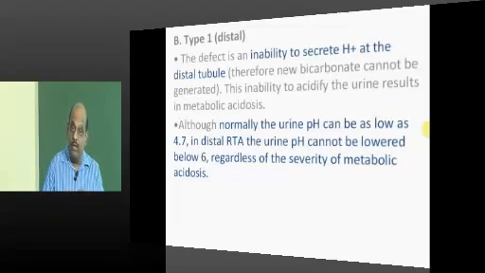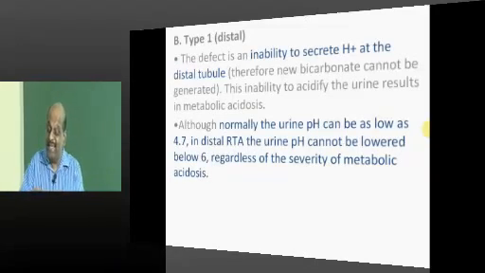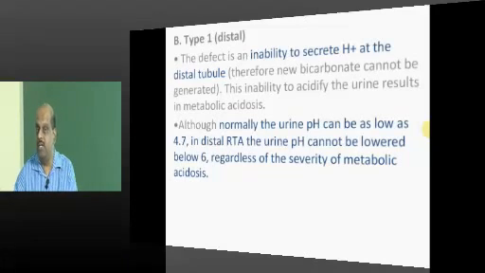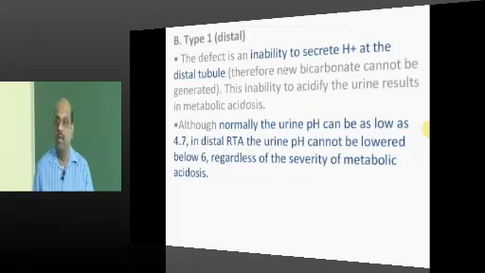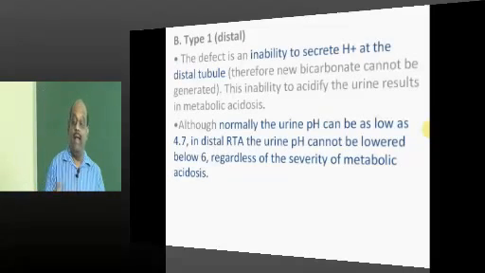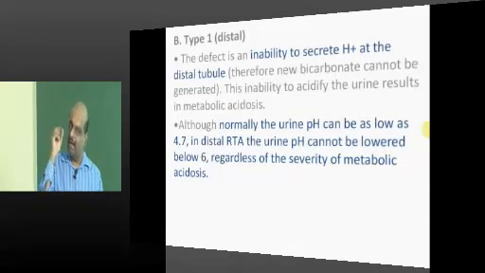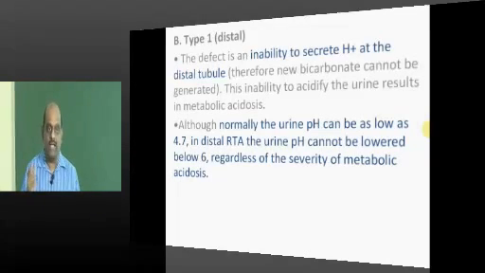Who gives this unique ability of producing NH3 to the distal tubular cells? Glutamine converts into glutamate and releases one NH3, and this enzyme glutaminase is uniquely present only in the collecting ducts and distal convoluted tubular cells.